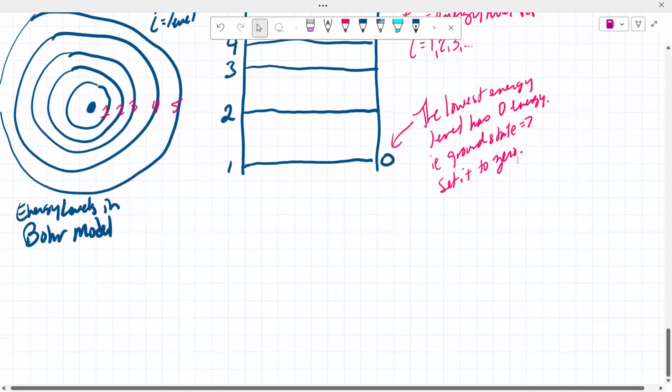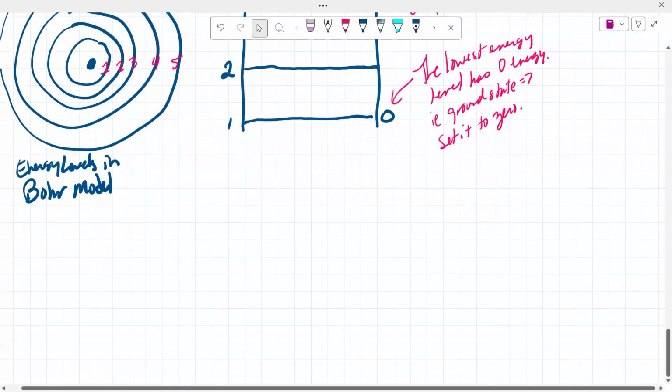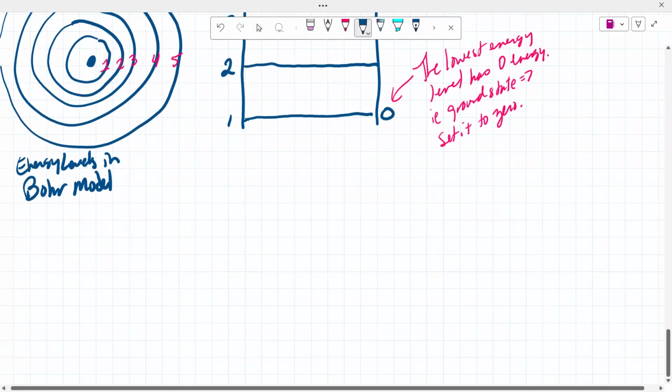All right, great. So with that diagram in mind, now we can write out the Q electronic. So we wrote out the translational one already.